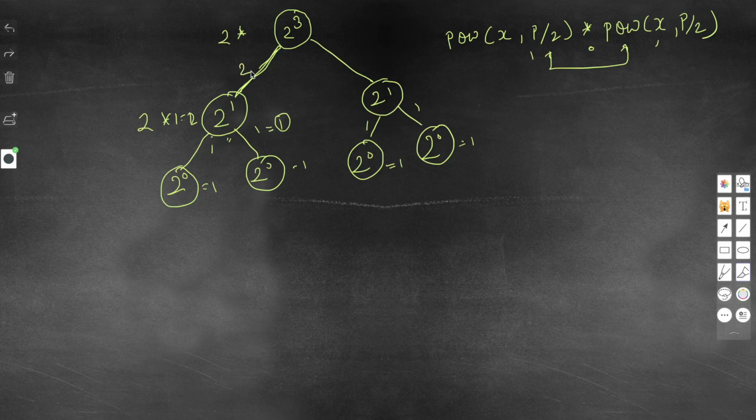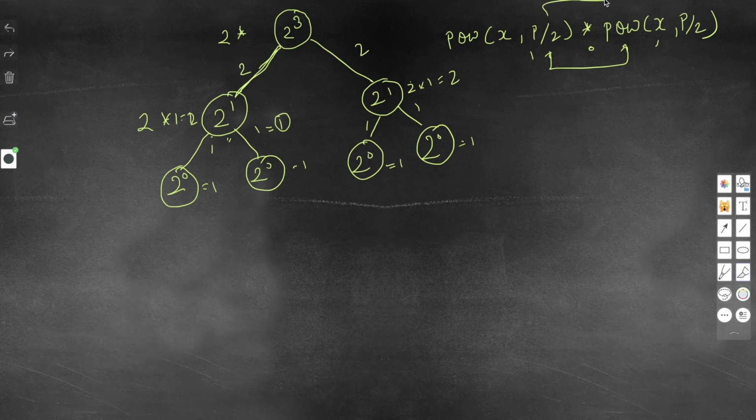So here I will return 2. Same thing here also: as 1 is odd, I multiply the result 1 with 2, so I return 2. From the left side I got 2, from the right side I got 2.